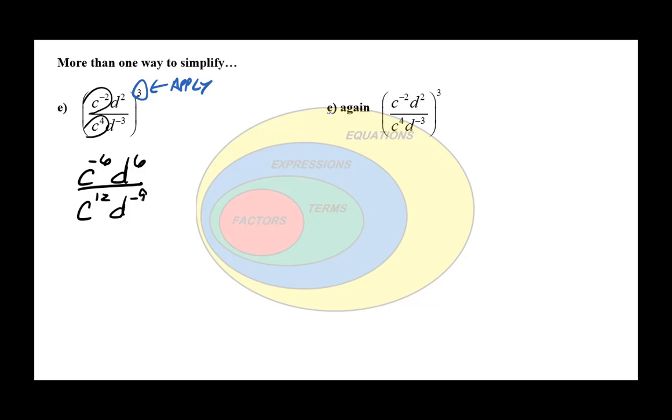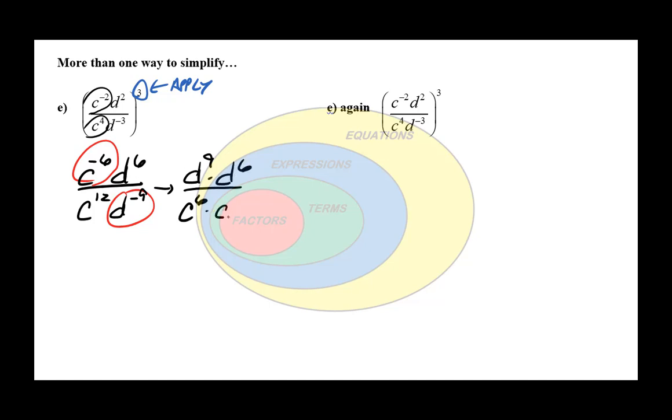We have no more outside powers, so now we're just going to convert all of our negative exponent factors to positive. So what would happen is c to the negative 6 would go to the denominator as c to the 6th. D to the negative 9 would go to the numerator as d to the 9th. D to the 6th would stay in the numerator because it's a positive exponent.